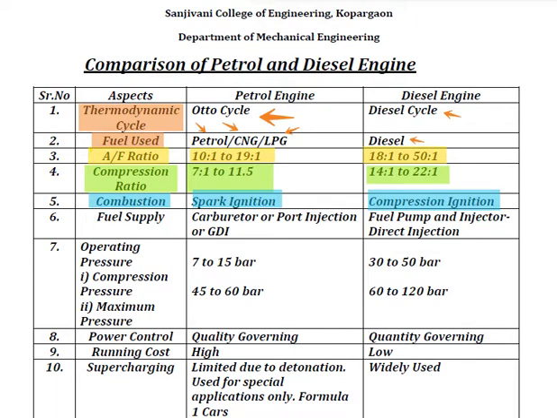How is fuel supplied in a petrol engine? Fuel supply in a petrol engine is basically by three devices. First is the carburetor, next is the port injection, and the third is the GDI, that is gasoline direct injection. Whereas in a diesel engine a fuel pump is used along with a fuel injector, and the fuel is injected directly in the cylinder. So that is also called direct injection.